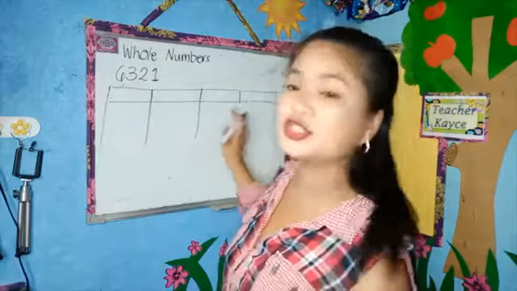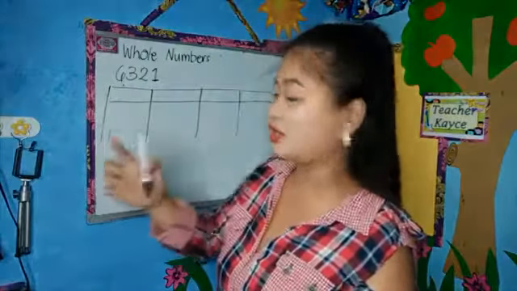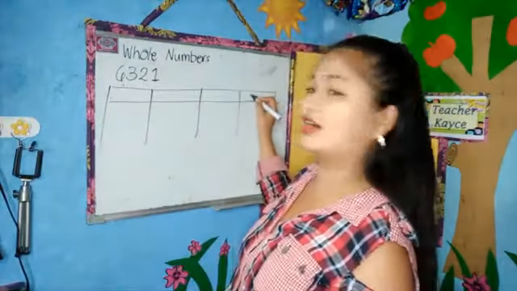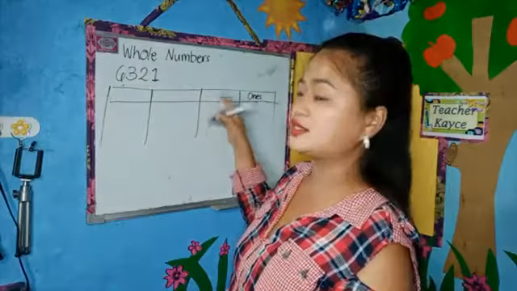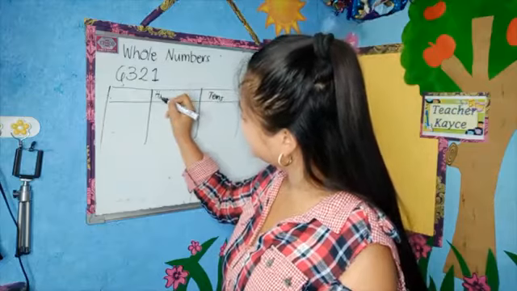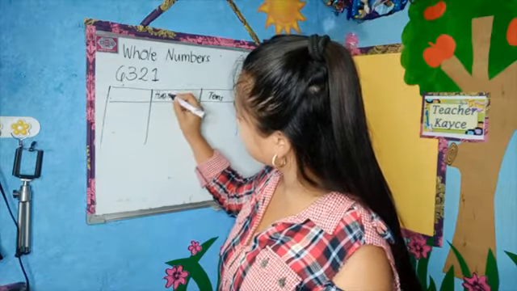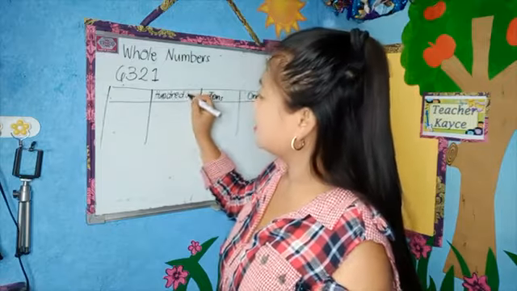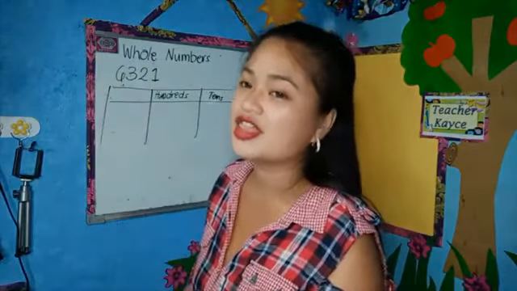We have 1, 2, 3, and 4. The last number we are going to place under ones. The next is tens, hundreds, and next is your thousands.